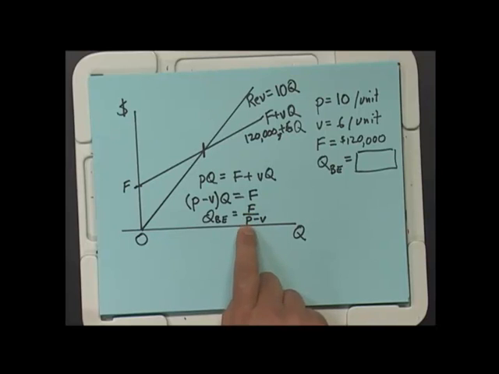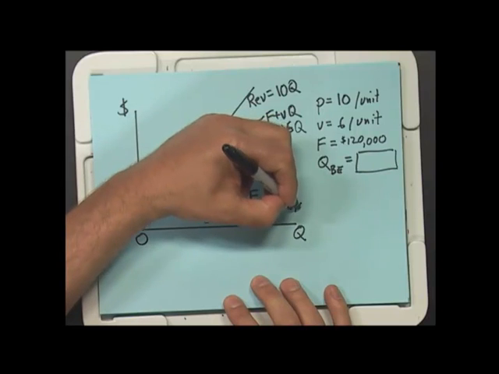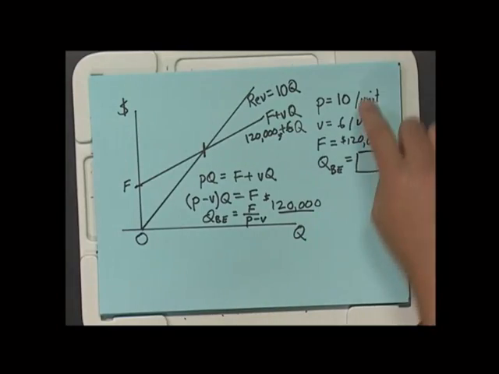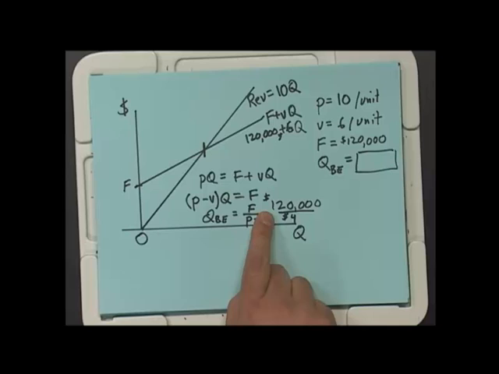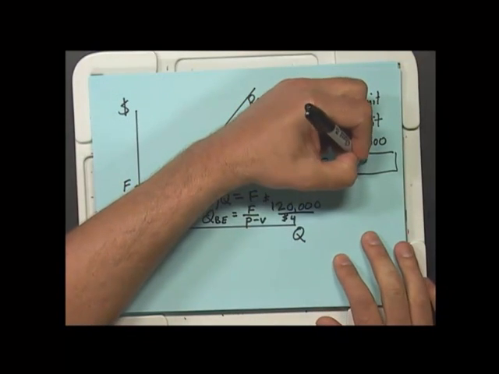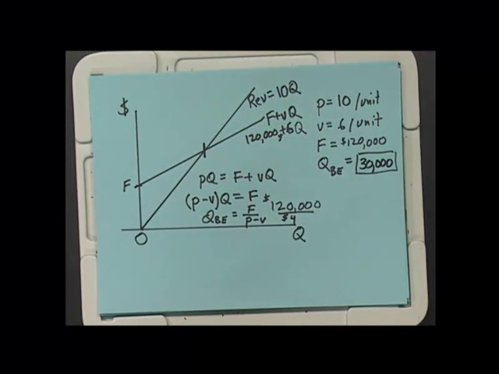So when we plug the numbers in, we've got 120,000 in fixed costs, and P minus V is $4. You can just ask yourself, how many times do we have to contribute $4 in order to have it add up to 120,000? Just divide 120 by 4, and that's going to give you a break-even point of 30,000 units.